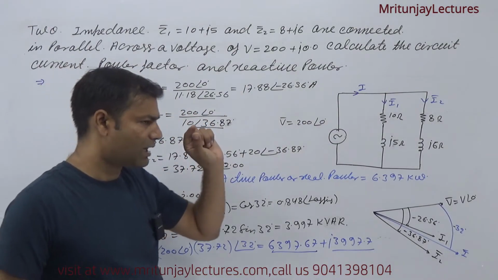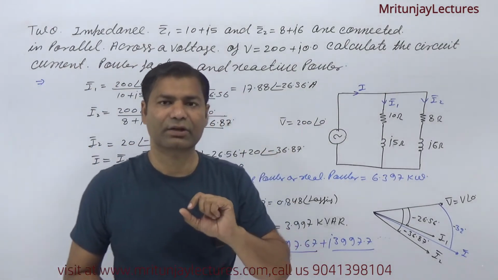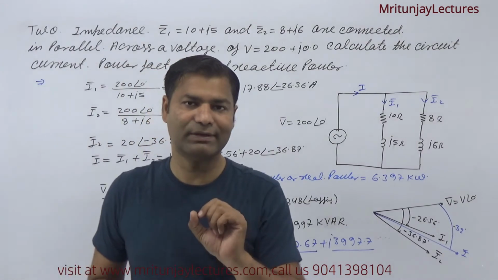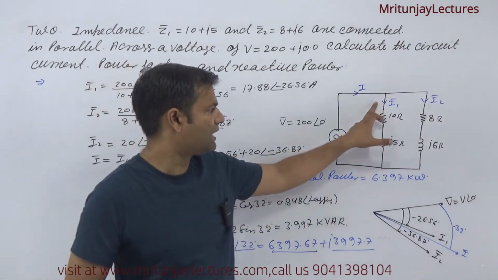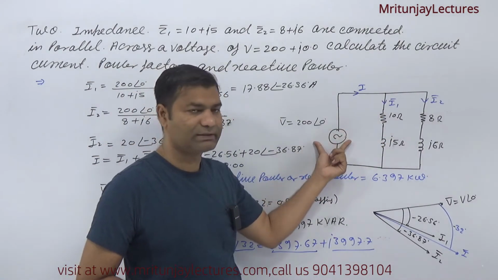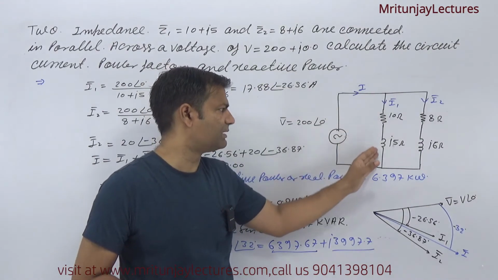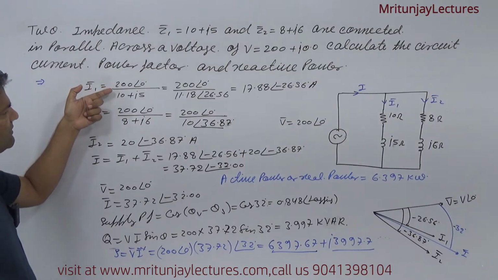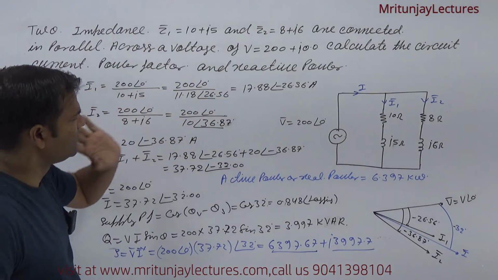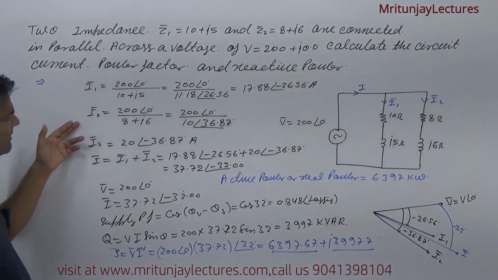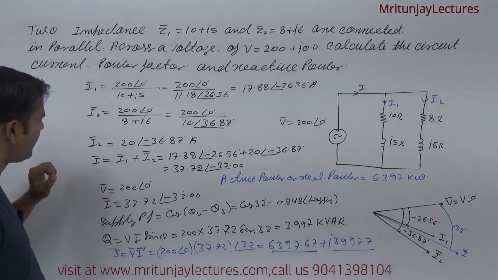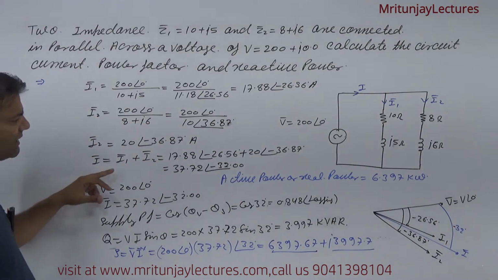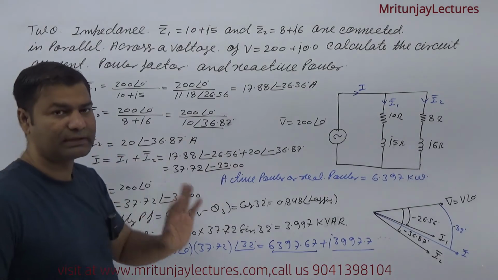After that, our next target is I. First, determine I1 and I2. I1 is equal to the supply voltage divided by this impedance. So voltage divided by impedance, we get I1. Similarly determine I2 also. After that, I is I1 plus I2.